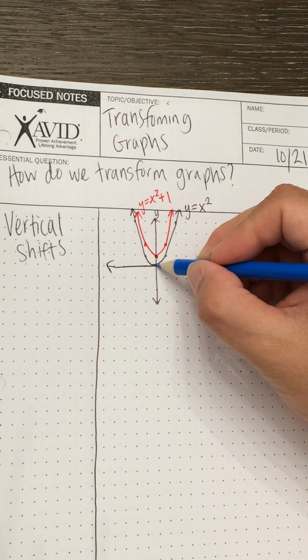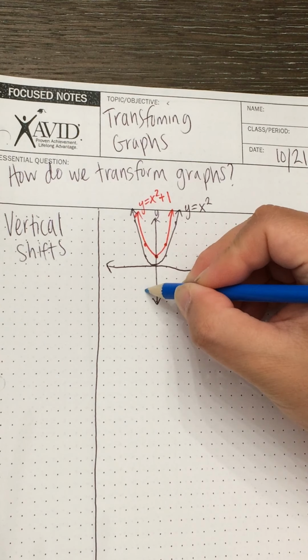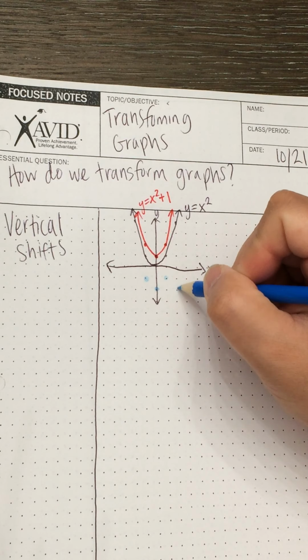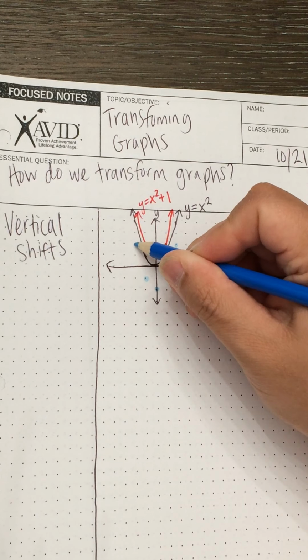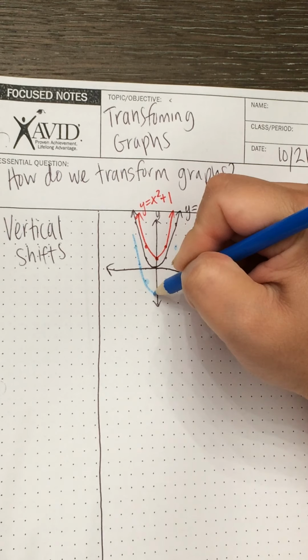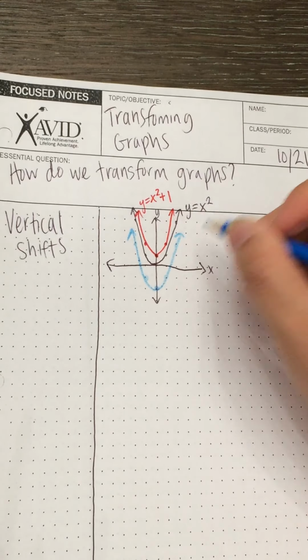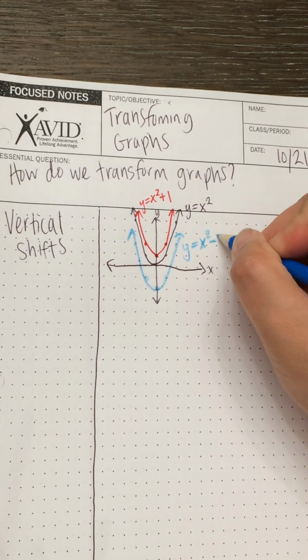So that means that I'll move the graph down 2. This is still 1, 1, 1, 1, and let's do the 2, 4. So this function is the function y equals x squared minus 2.